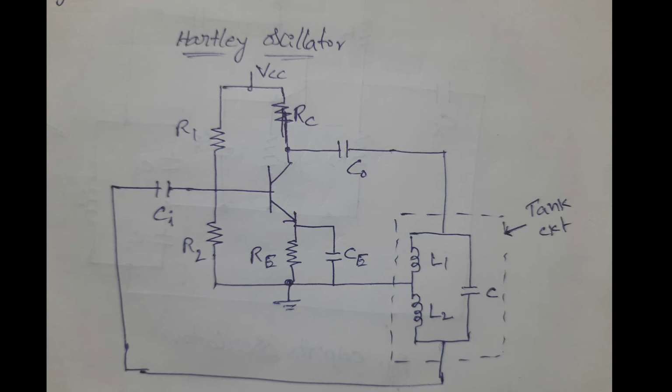The feedback voltage, which is already 180 degrees out of phase, is provided an additional 180 degrees phase shift due to the transistor action. Hence, the signal which appears at the transistor's output will be amplified and will have a net phase shift of 360 degrees.